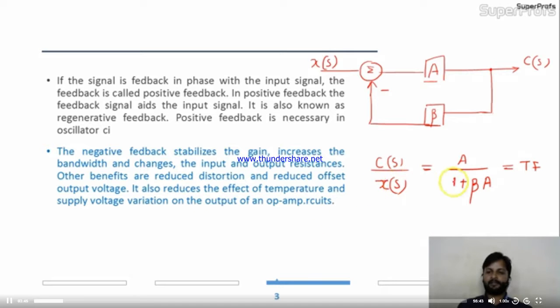You can see here, if A is very large, for the op-amp circuit A is very high, near infinity. At A equal to very high or infinity, ideally C(s) is equal to X(s). Whatever you apply at the input, you get at the output without distortion. So this is the application of negative feedback. We'll see it later.